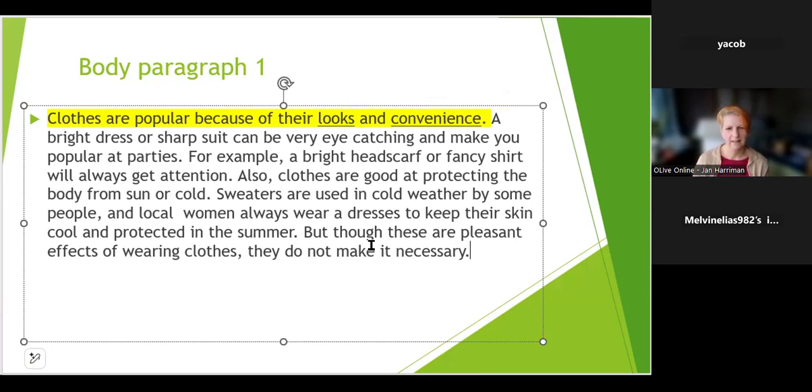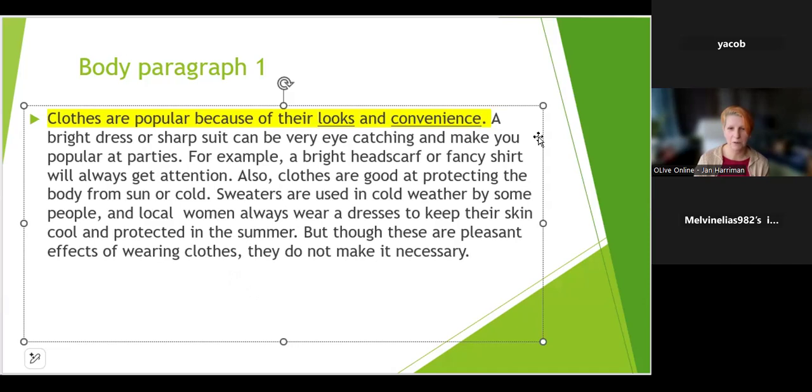Now, what does it say? A bright dress or sharp suit can be very eye-catching and make you popular at parties. For example, a bright headscarf or fancy shirt will always get attention. So that's our first idea, their looks.